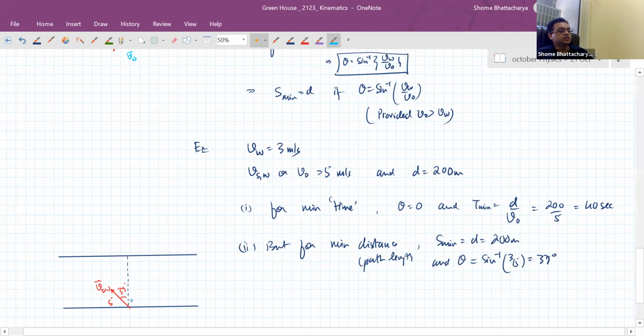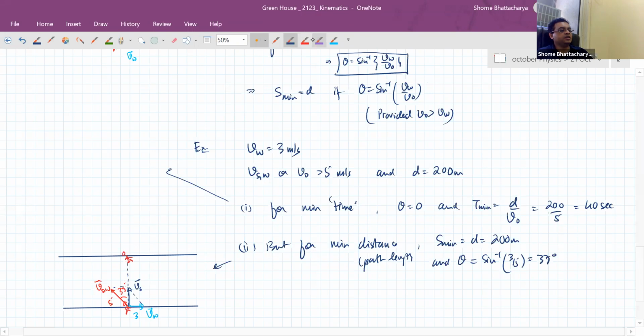So that his net velocity is going to be like this. So he ends up here. This is the minimum path case.